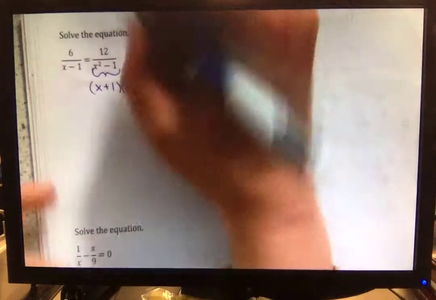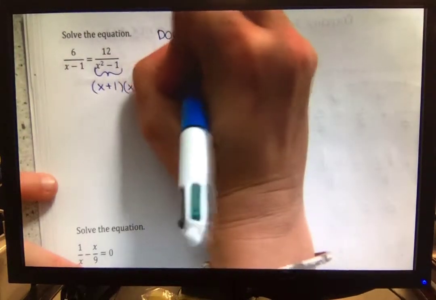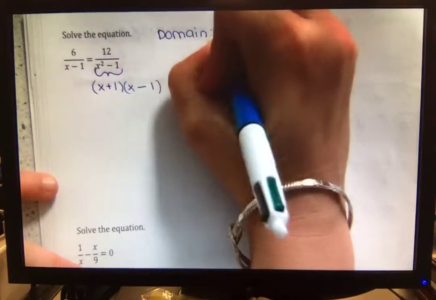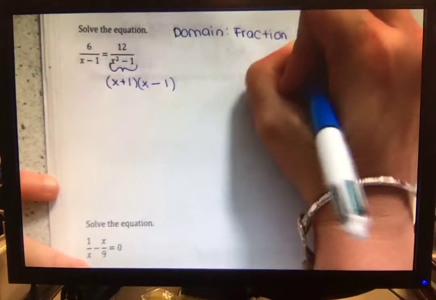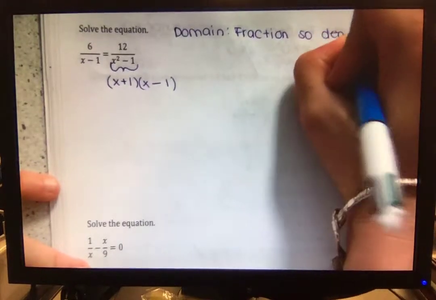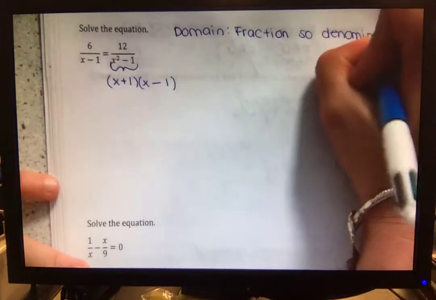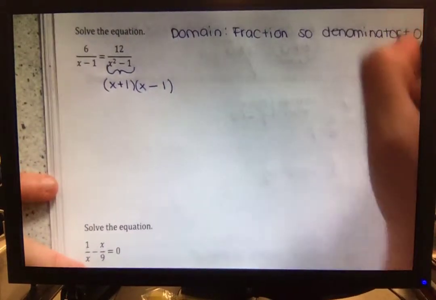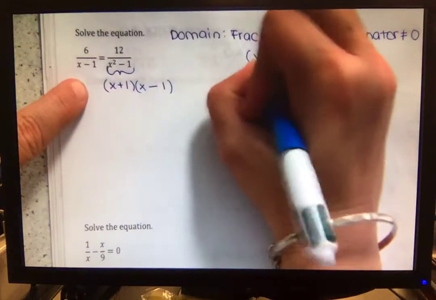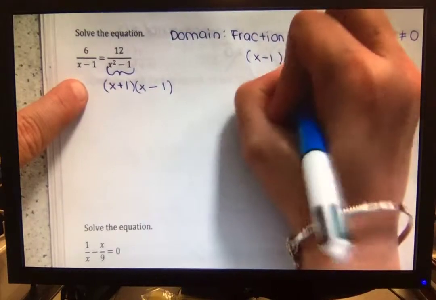So first we have to find the domain. It's a fraction, so our denominator cannot equal 0. Our first denominator is x minus 1. Cannot equal 0.